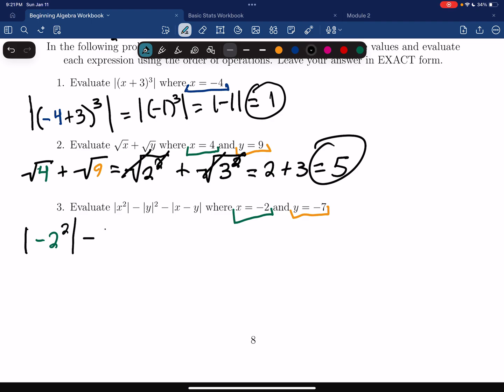And then we're going to subtract the absolute value of y, which is -7, squared, minus the absolute value of x, and x is -2, minus y, and y is -7.